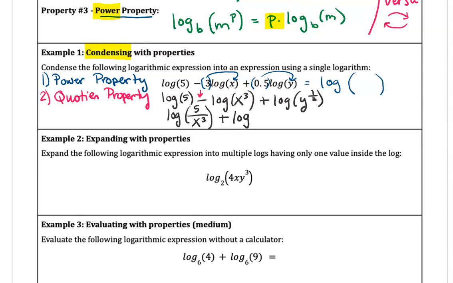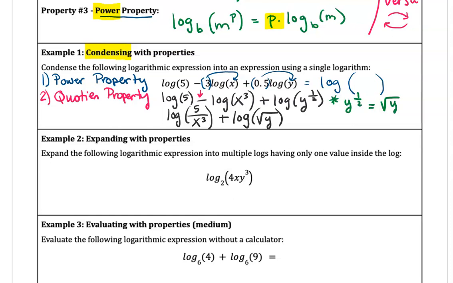Meanwhile, I'm still adding the log of, and I'm going to rewrite y to the 1/2 as the square root of y. So that's just a little side note. I'm going to put a little side note here that y to the power of 1/2 means the same thing as the square root of y. And oftentimes when we're working with these log problems, we will rewrite a 1/2 power as a square root.